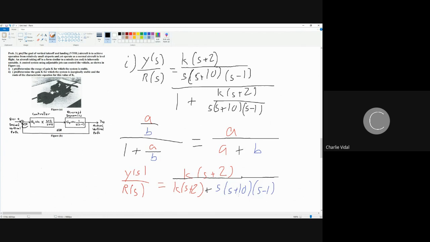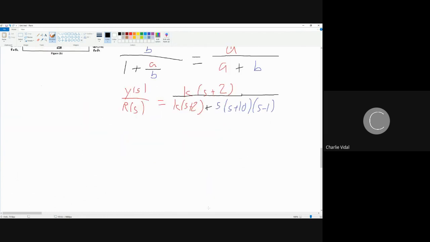This is going to be, okay. So now we have to simplify this equation. I could do that in black, which is fine. To simplify this, you could distribute this top part out. You could not distribute it. It doesn't really matter. So we're just going to not distribute ks plus 2.